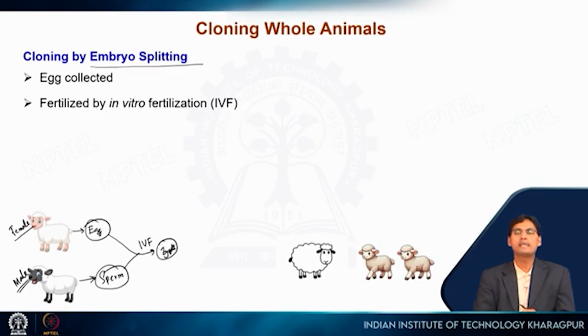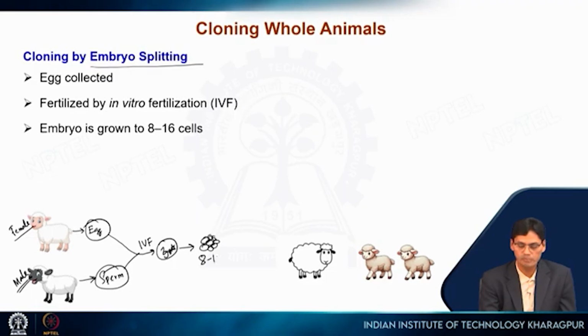right? And then in the laboratory environment, because you are doing in vitro fertilization, it is still in the lab. Now this zygote will divide into a few-cell stage, I would say 8 to 16 cells. Those are still, every cell, having the power to make anything in the body.